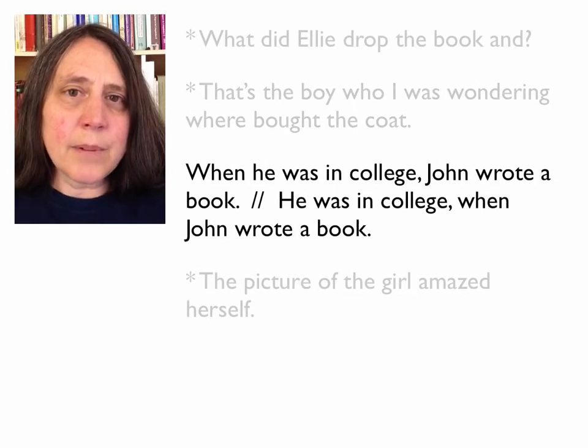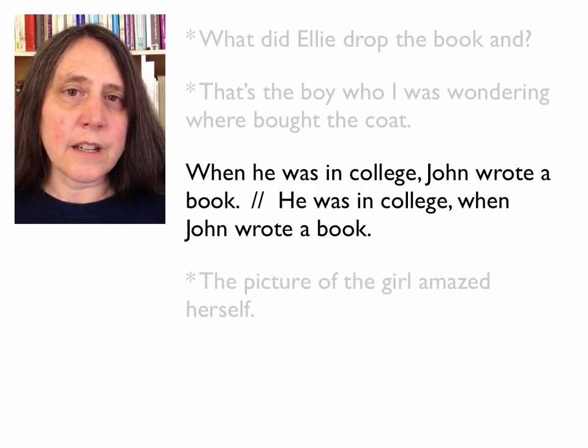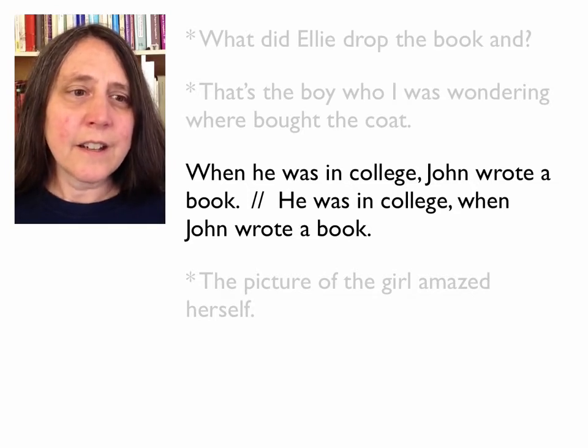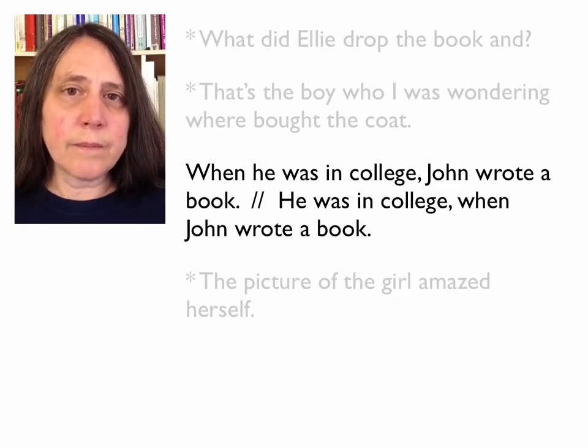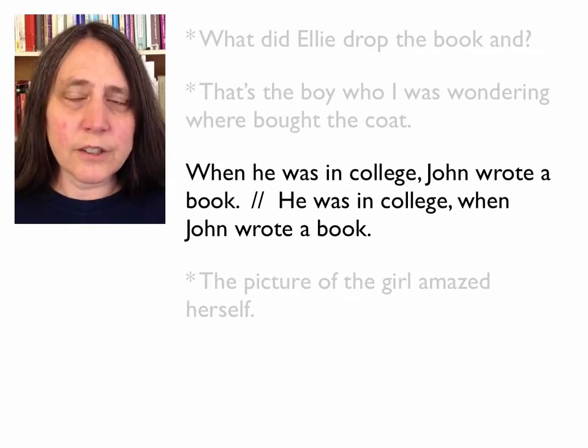This next example is a little different because these actually are two grammatical sentences. They sound fine. But here the interesting thing is the interpretation of the pronoun he. So in the first sentence, when he was in college, John wrote a book. He could be somebody other than John. It could be when Fred was in college.